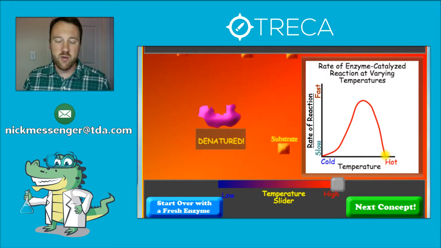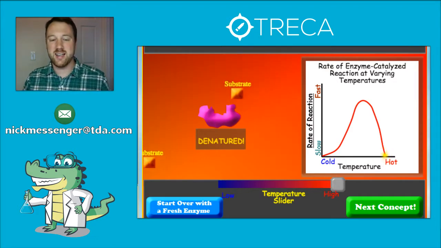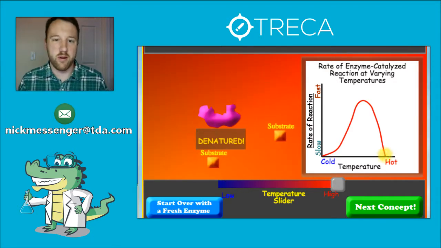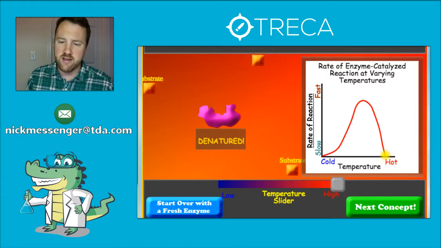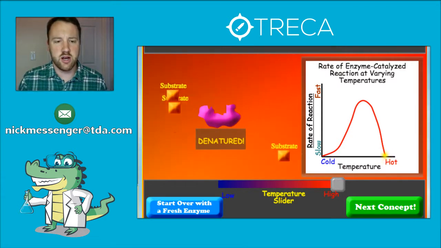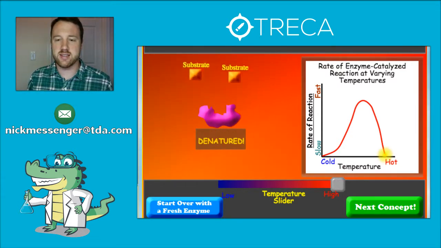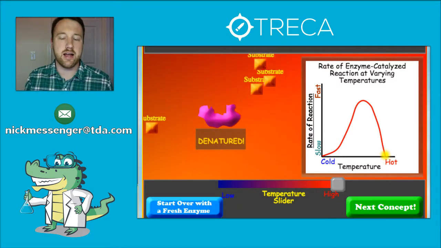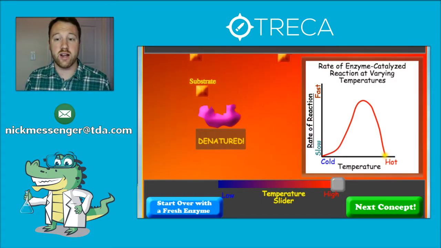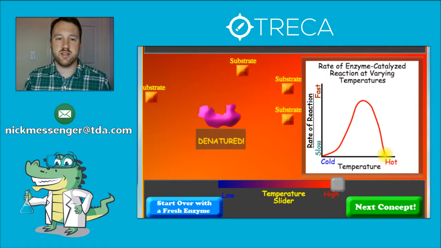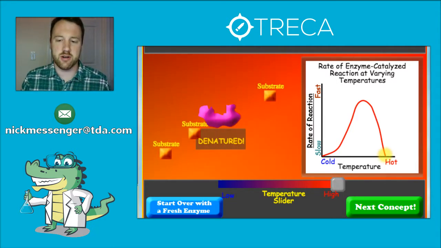But anywhere too cold or too hot, the enzyme didn't really work that well. And so a graph like this one would help us show what temperature an enzyme works best at. A lot of the enzymes in our body work at 98.6, which is Fahrenheit, which is our body temperature.